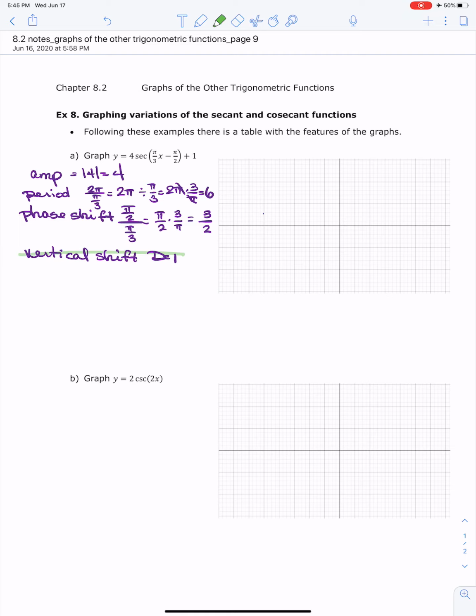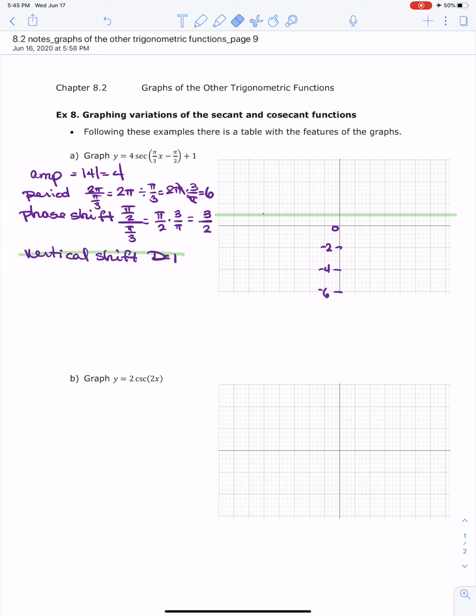And so I'm going to start with that piece right there, and I'm going to move my vertical shift right here to where my 1's going to be. I guess I should number my number line. Actually, you know what I'm going to do? Erase that.